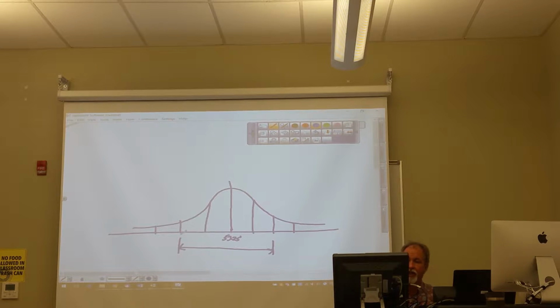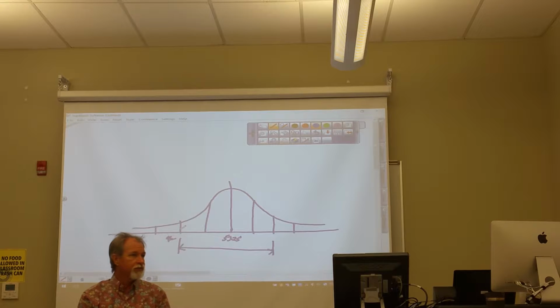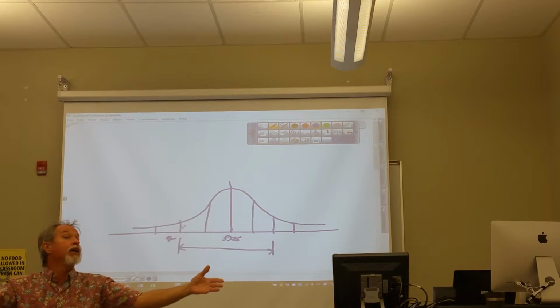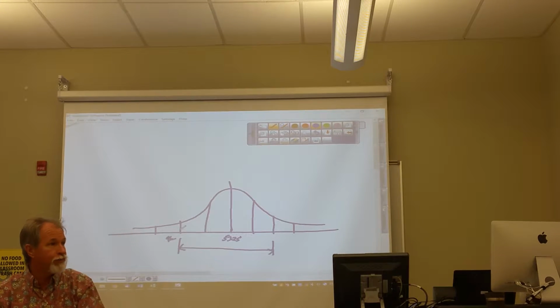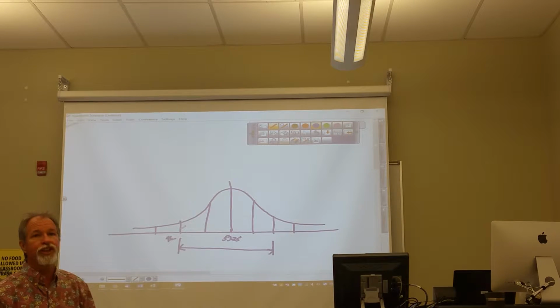And she got a mean of 46 point something. Would we expect to get that low of a mean? Would that be exceptionally small? So is her sample indicative of the population?